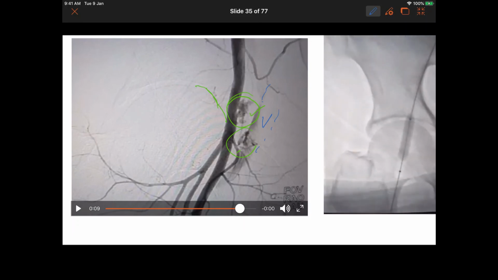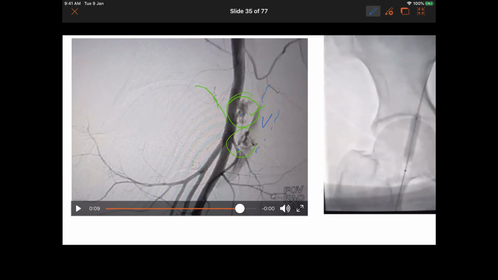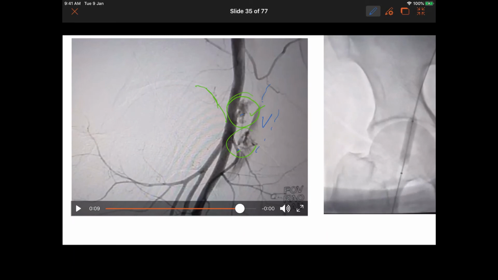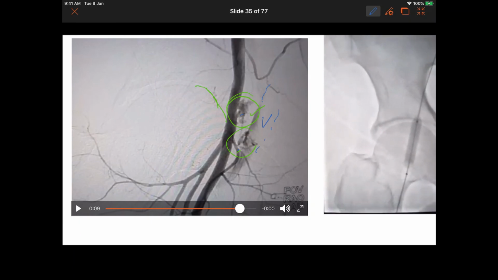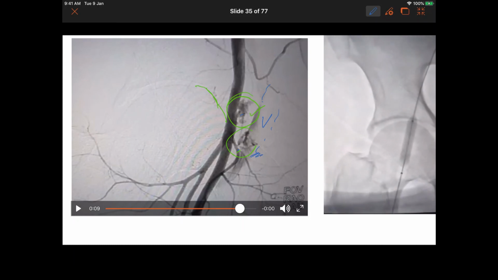This branch got perforated, and you can very well see that this level of puncture is very high. After removing the sheath, it became nearly impossible to control the bleeding, because as long as the sheath was inside, there was no issue. But when the sheath was removed, there was continued bleeding, definitely causing a local hematoma, and the patient developed hypotension.